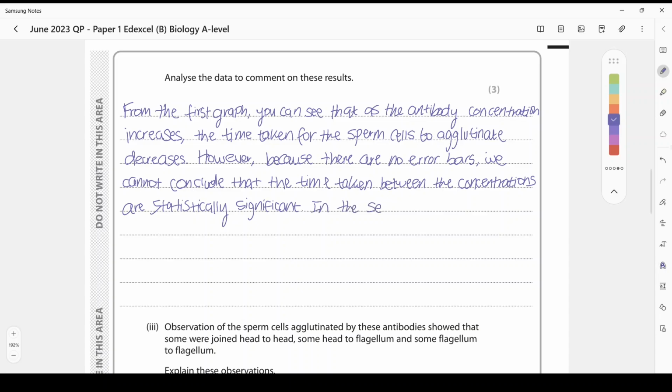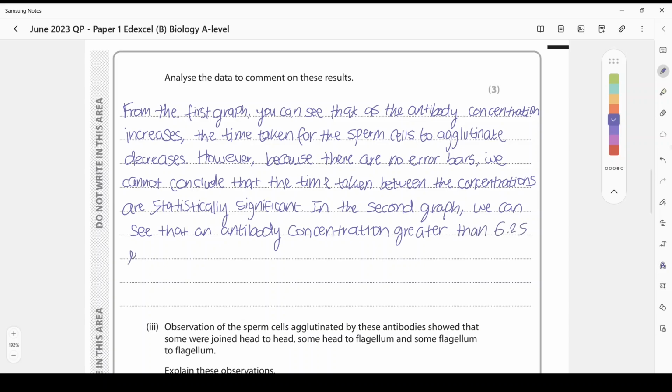In the second graph, we can see that an antibody concentration greater than 6.25 micrograms per cm³ prevents the sperm from escaping.